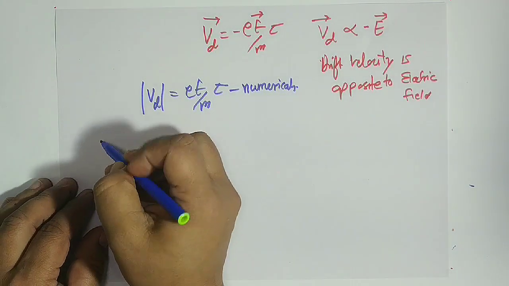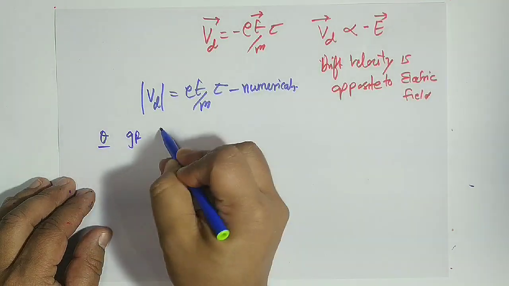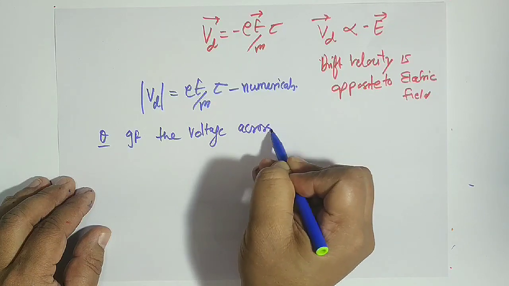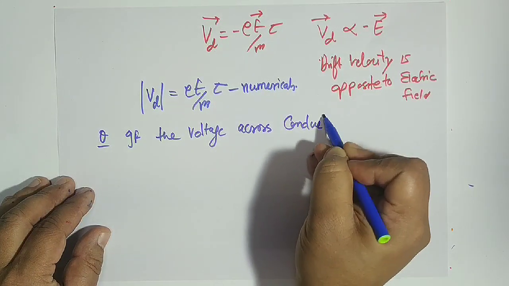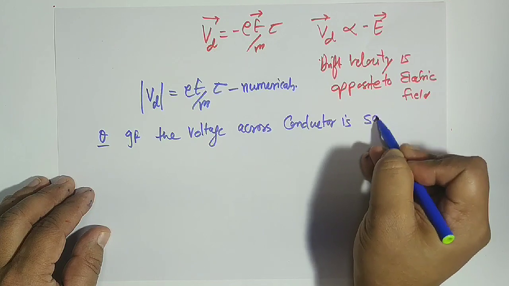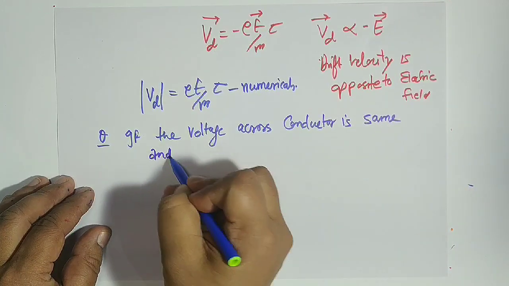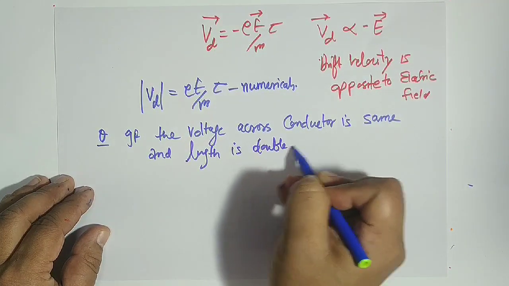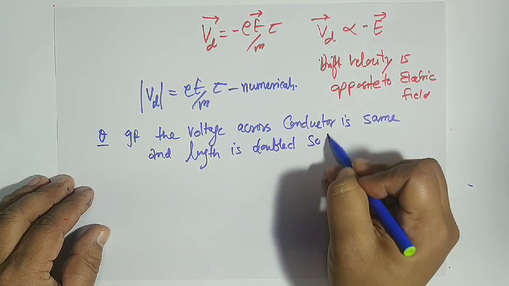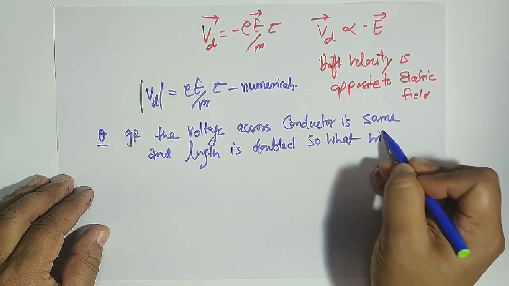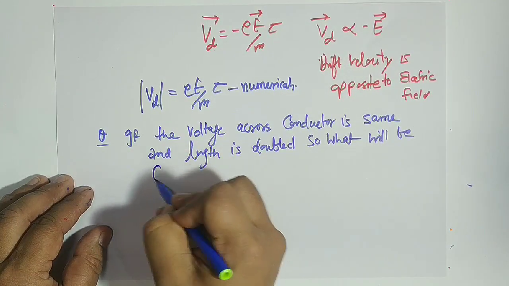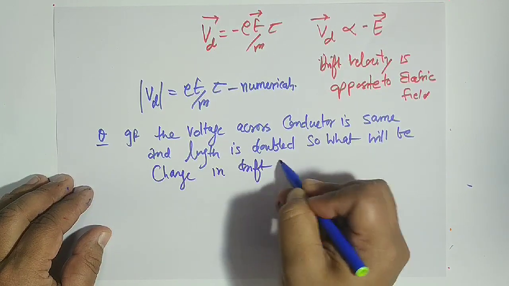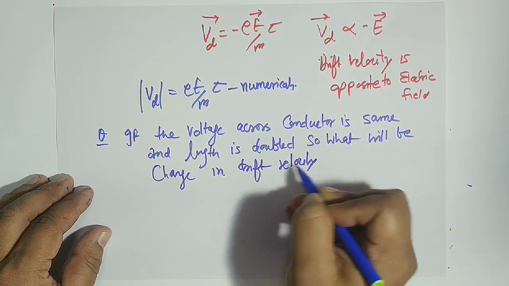Okay, and there's a question that if the voltage across a conductor is the same and the length is doubled, what will be the change in drift velocity, or what will be the new drift velocity? We can say it is a 1 mark question.